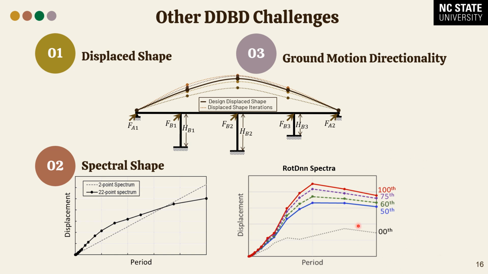And another aspect that we're trying to simplify, to make practice more aware of what these choices are, rho D50 versus rho D100, is whether there could be another percentile of the response that more adequately represents the solution space for a particular bridge.